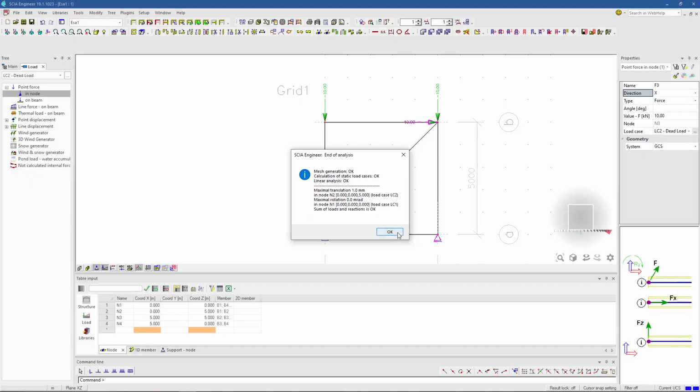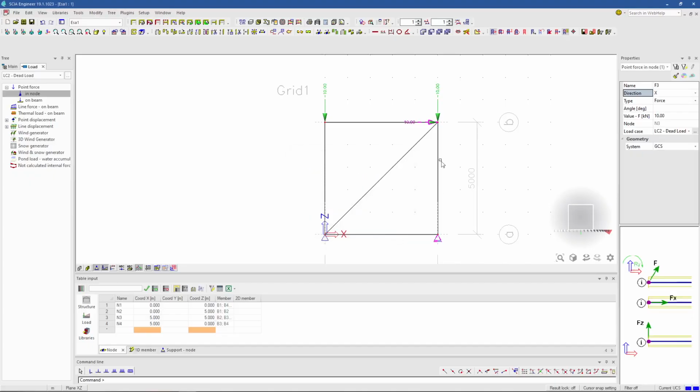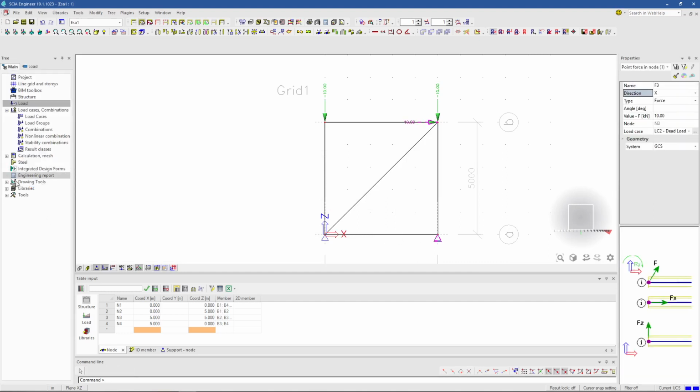So the calculation is done. Let's head over to the result tab. Let's head to the results.